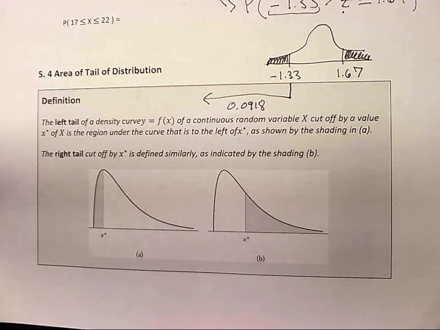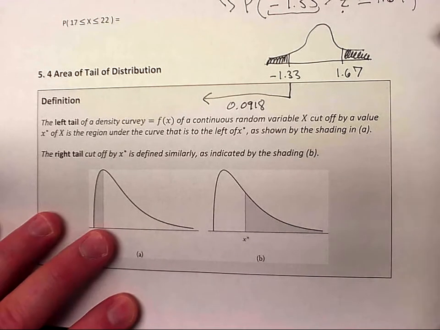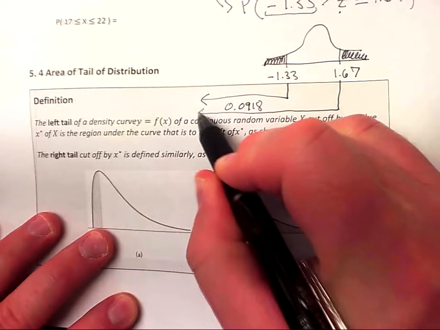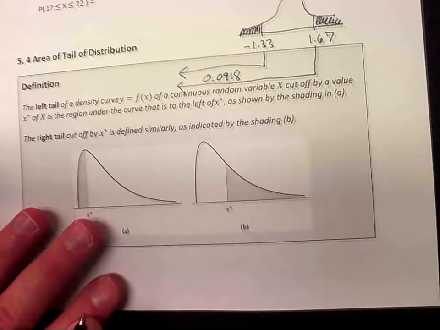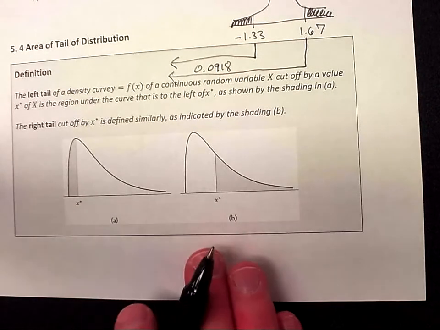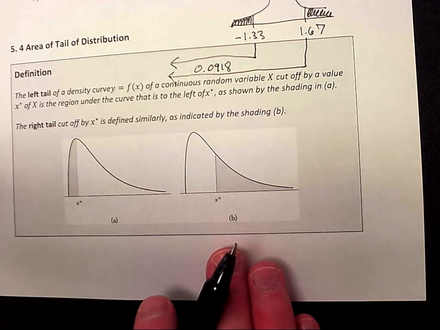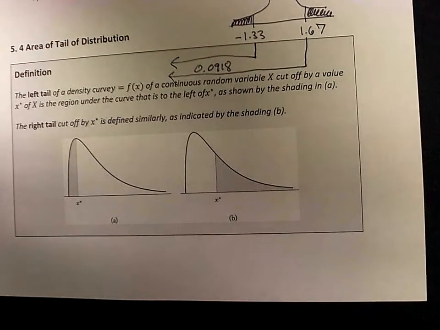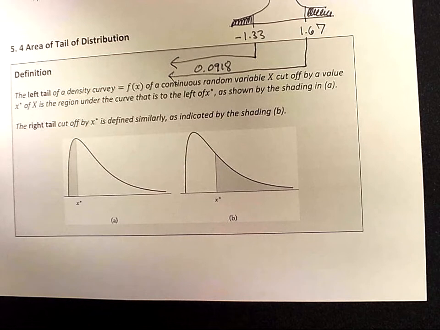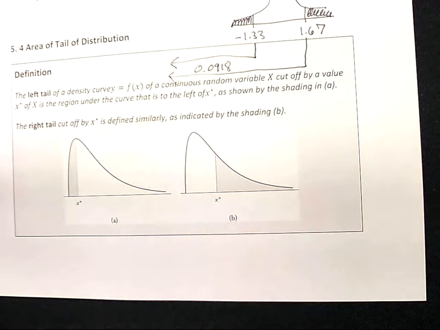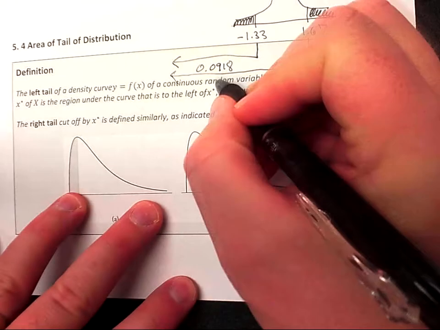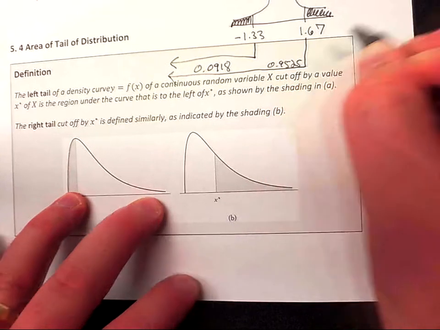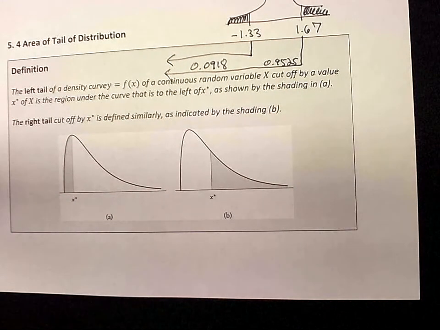If we look up 1.67 in our table, and very importantly, that's why whenever we look this up, I always draw it out like this, 1.67 gives us 0.9525. So from here down, we get 0.9525, right?